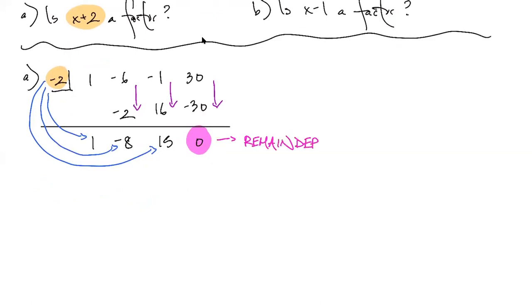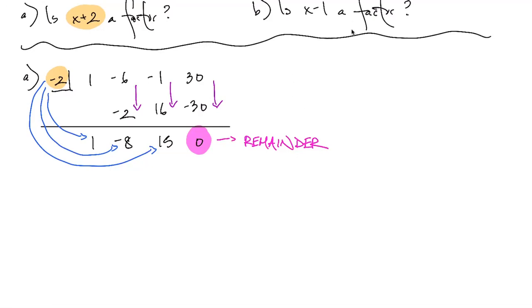And we mean remainder the same way we do when we divide regular numbers, okay? So if I divide 3 by 2, what's the remainder? If I divide 3 by 2, I'll get a remainder of 1, right?